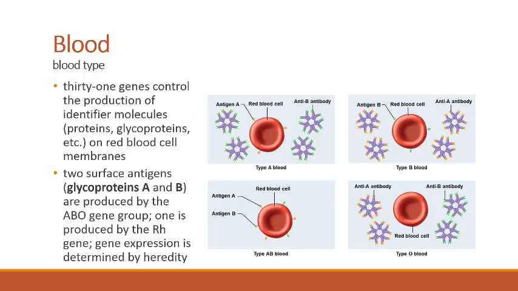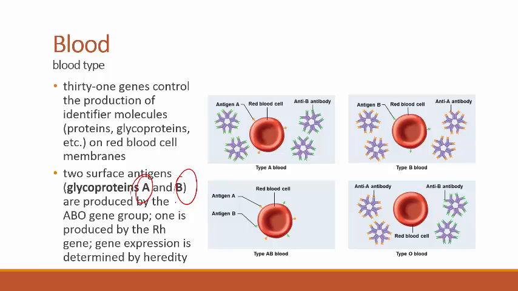If a cell has all those self-identifying chemicals found on the surface of the membrane, then the body will recognize that cell as self. And there are two surface antigens, glycoprotein A and glycoprotein B, that are produced by a single gene.